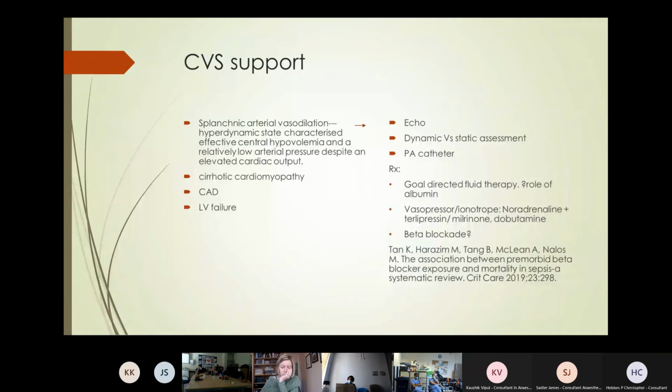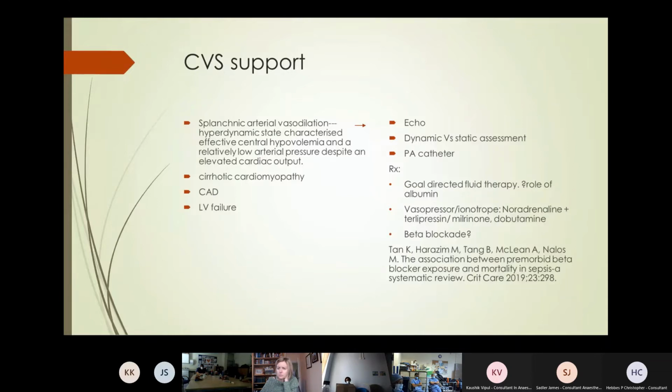So cardiovascular, as I said, we have looked at the pathophysiology and have seen how arterial vasodilation occurs, resulting in reduced effective hypovolemia, sorry. So that is one thing, they have a hyperdynamic circulation. The other thing is that they have cirrhotic cardiomyopathy due to the inflammatory cytokines.